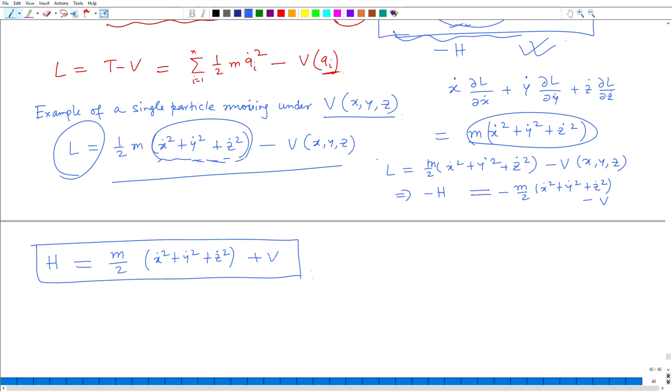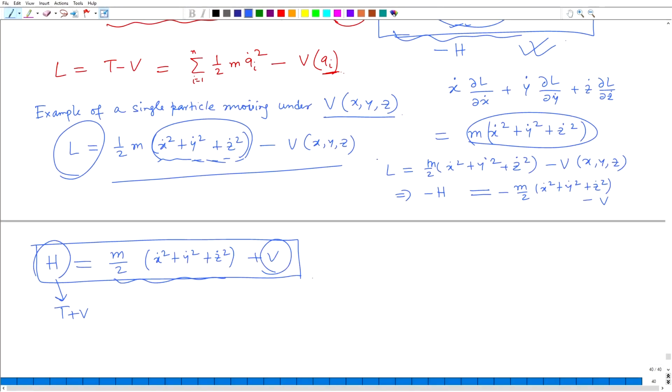So, this function H is nothing but the total mechanical energy. This is the kinetic energy, this is the potential energy. You started with T minus V, you come with a form T plus V. So, you see this is also consistent with our conclusion that this is the motion of a particle moving in 3D space under a potential, because we know that potential means this is moving under a conservative force.